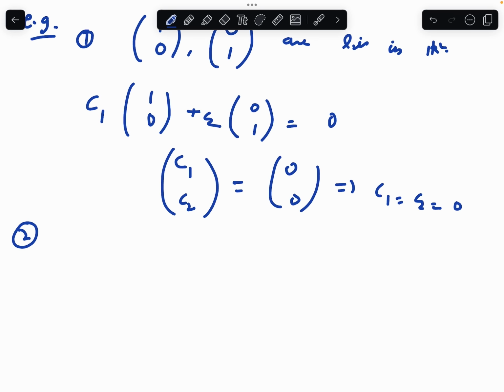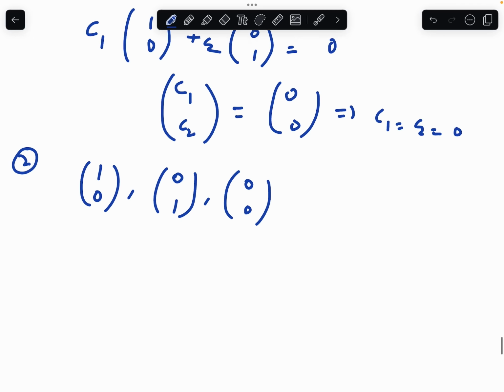Now, let's take another example. How about (1, 0), (0, 1), and (0, 0)? So these are linearly dependent. Why? Let's see.